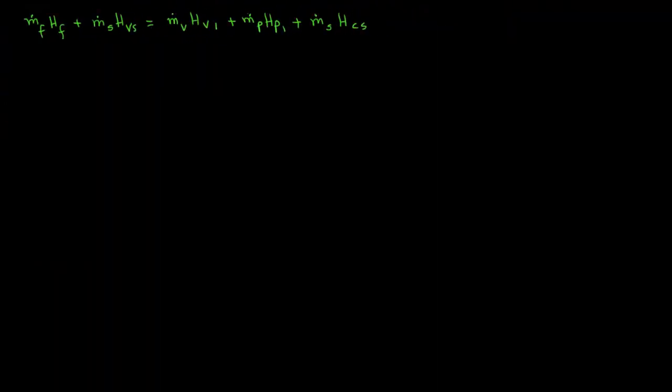So let's see how we can determine each term in our enthalpy balance. So we have the enthalpy of the entering stream, HF, equals CPF, which is the specific heat of the feed, times TF, which is the temperature of the feed, minus 0 degrees C. We base all our calculations for enthalpy with a reference temperature of 0 degrees C. Note that enthalpy is always relative rather than absolute value.